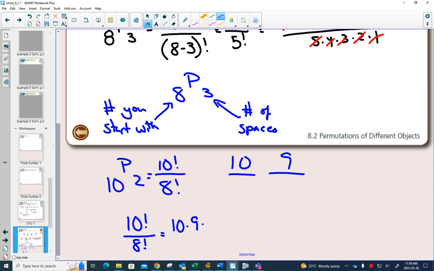But in a question like this, you might want to get to 8 and just add the exclamation mark there to say that it would keep on going. And I have an 8 factorial on the bottom, and those are identical, so I could simplify them that way, instead of writing all the way down to 1, unless you really like canceling things out. Then you could do that.